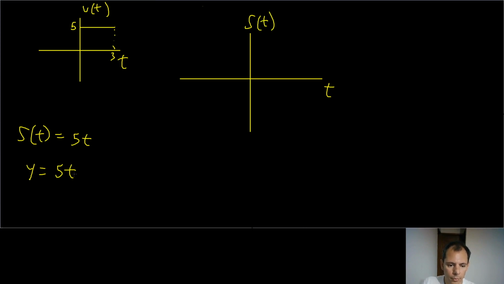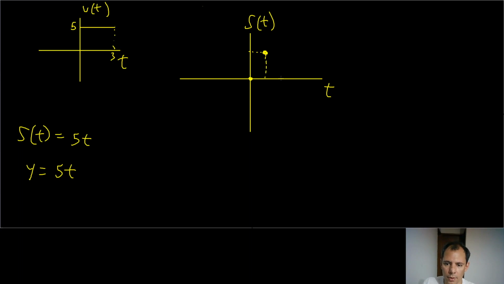So at t equals 0, what are you going to have? 0. It's right here. At t equals 1, what is going to be the value? It's going to be 5. And then at t equals 2, what's going to be the function?